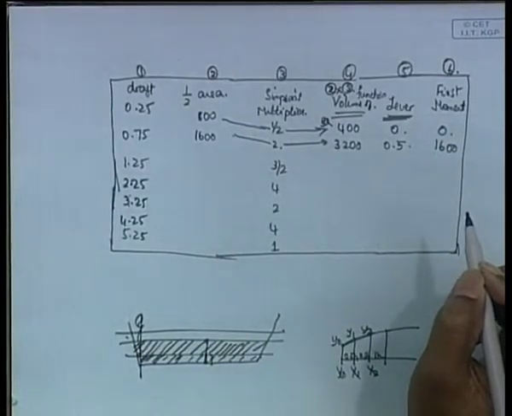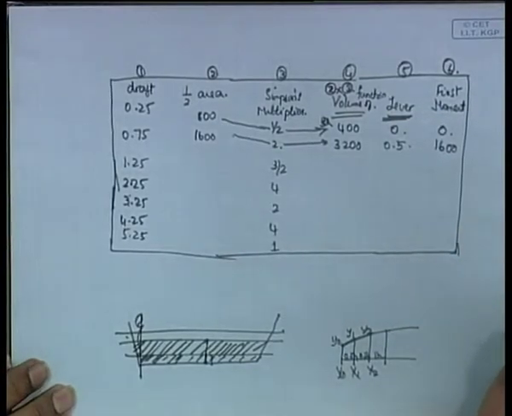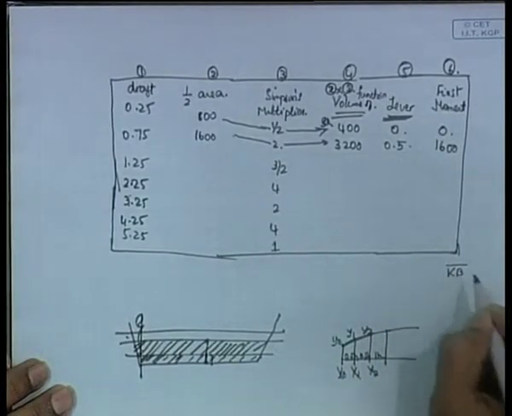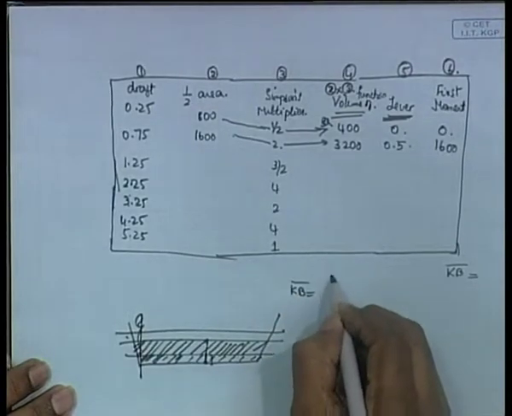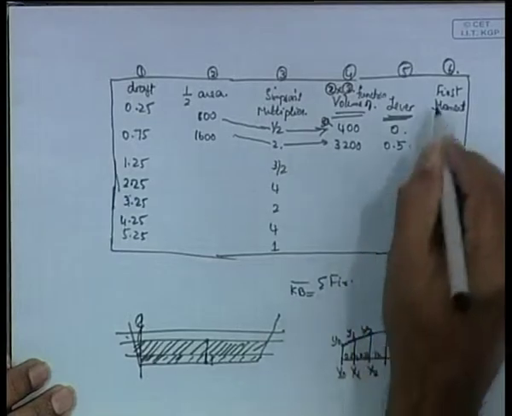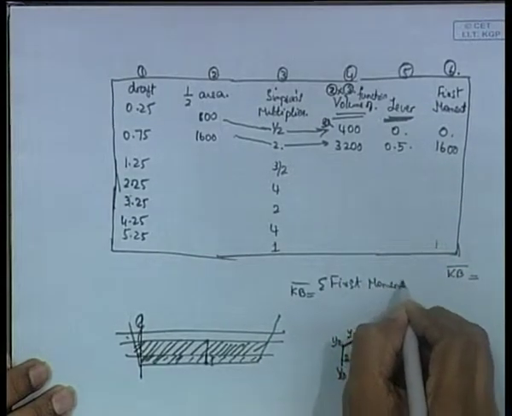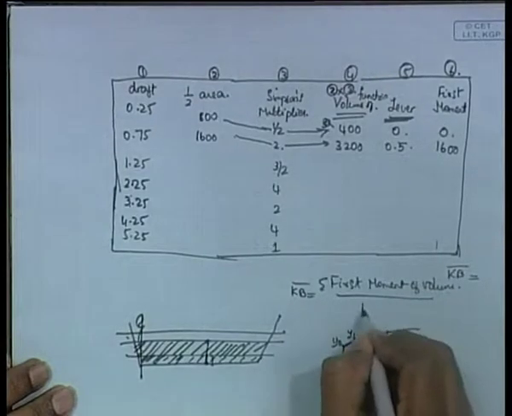Now, what is the point of finding this first moment of volume? Think of that and tell me. The idea of this first moment is to find Kb, which is equal to the total first moment of volume divided by the total volume.